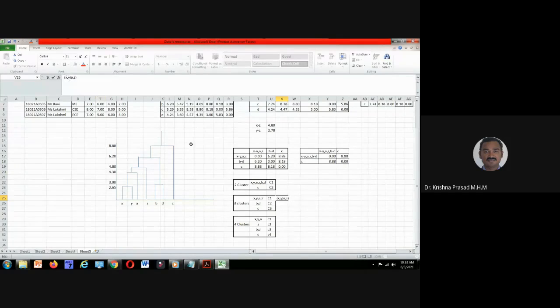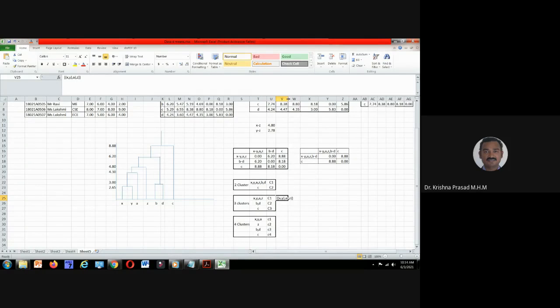You can represent it even in this way also. This is the nested first cluster, XY is formed, then object A is joined into the cluster, and Z is also joined. This is the way you can represent it, you can use your own representation.